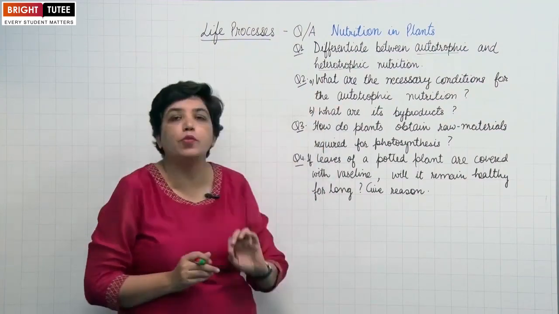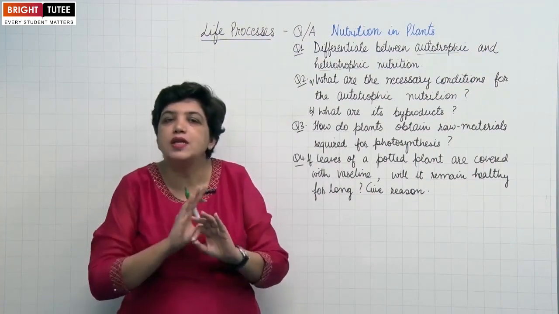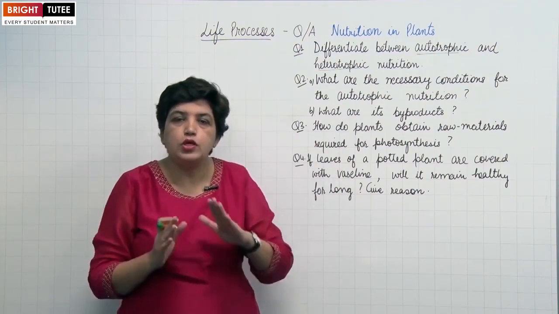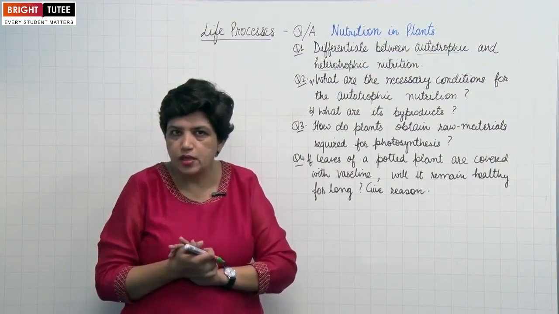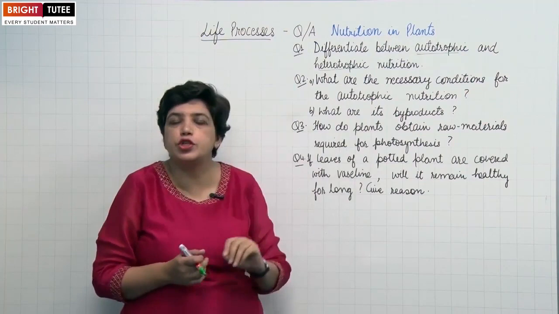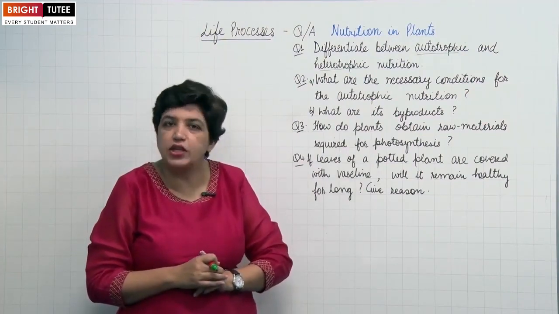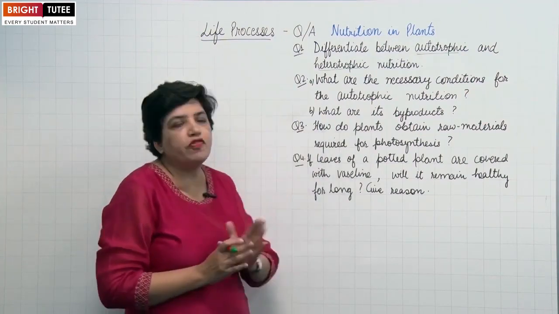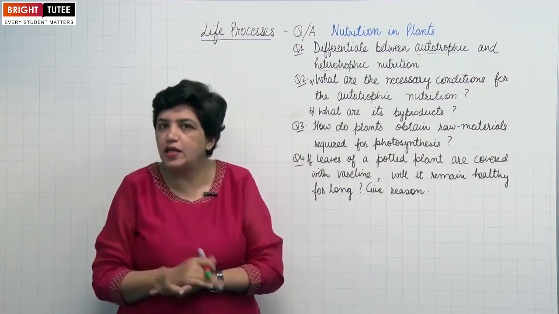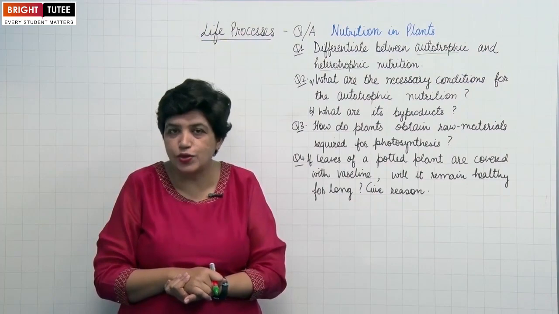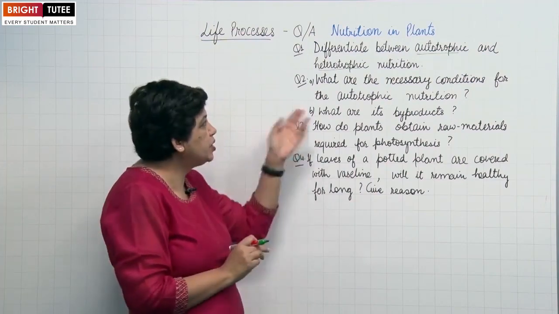While in the heterotrophic mode of nutrition, the organisms cannot make their own food, so they depend upon autotrophs to obtain the nutrients. So autotrophic mode of nutrition is performed by green plants and green algae, while heterotrophic mode of nutrition is performed by all animals including fungus and even humans.